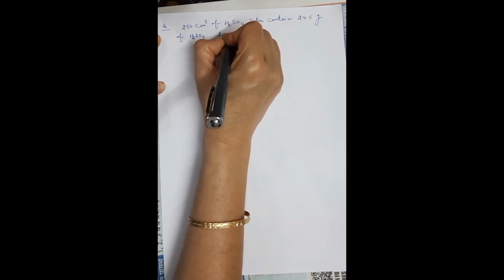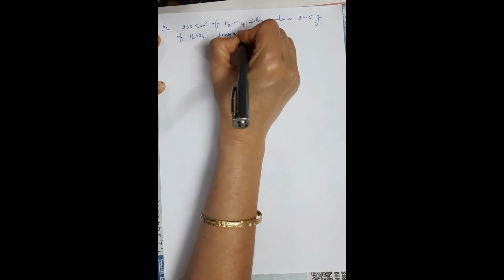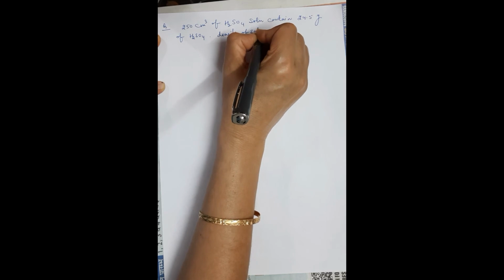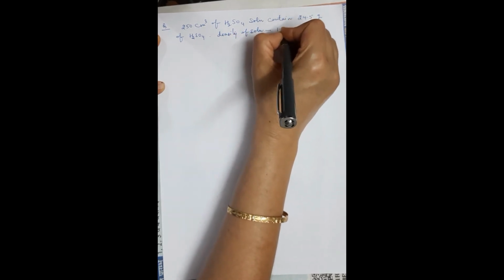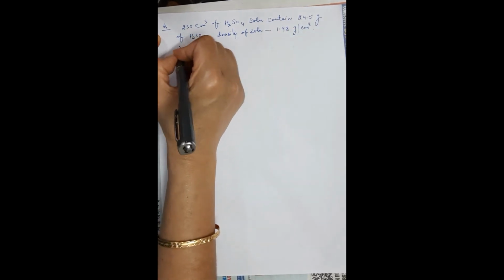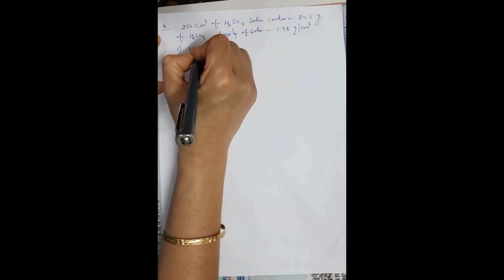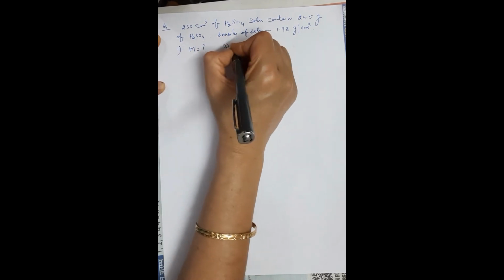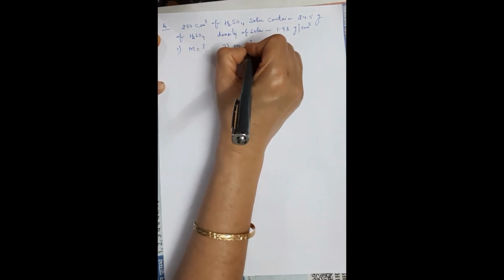Density of solution is given to you, which is 1.98 grams per centimeter cube, and what you need to find out, one is molarity and other is molality, small m.